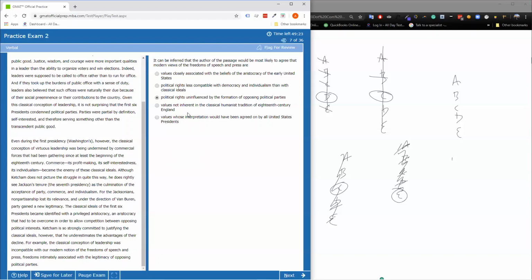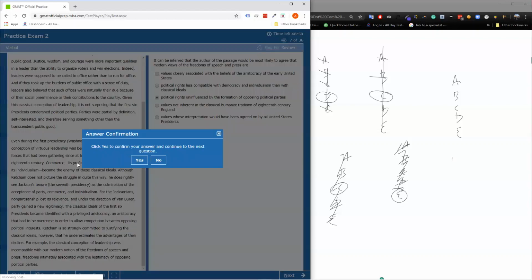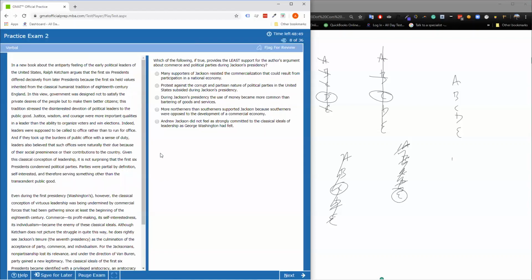Political rights uninfluenced... Let's see. I don't know. I spent too much time on that too.